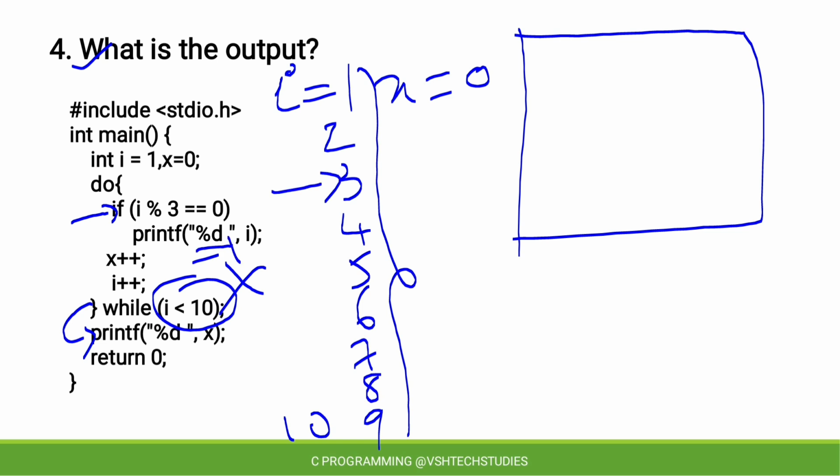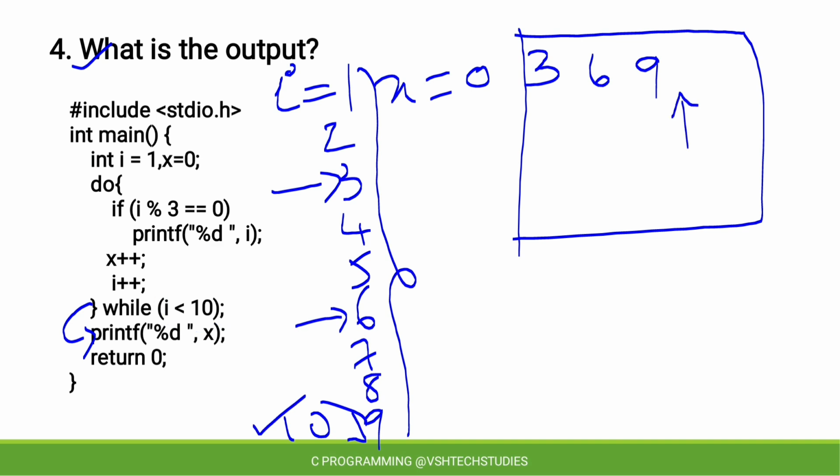So only for 3, 6, 9, I mod 3 is 0. So 3 is printed according to this. Space is left. Then 6 is printed. Space is left. Then 9 is printed. Then space is left here. When I has become 10, the control goes out of loop body. There X value is substituted here to this percentage d, and that is printed on the monitor.